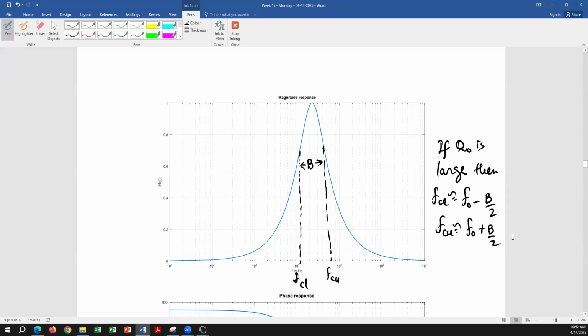And of course, you can do the equivalent in radians per second. So this is the approximation.